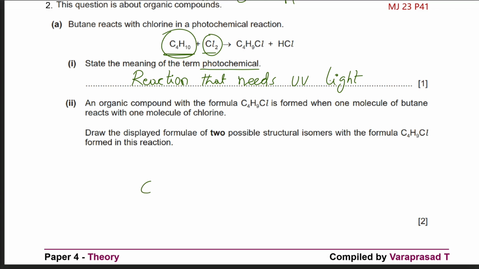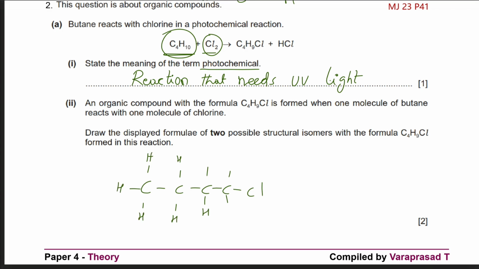First, let's write 4 carbons, and you can give the chlorine to the first carbon. This is one isomer.